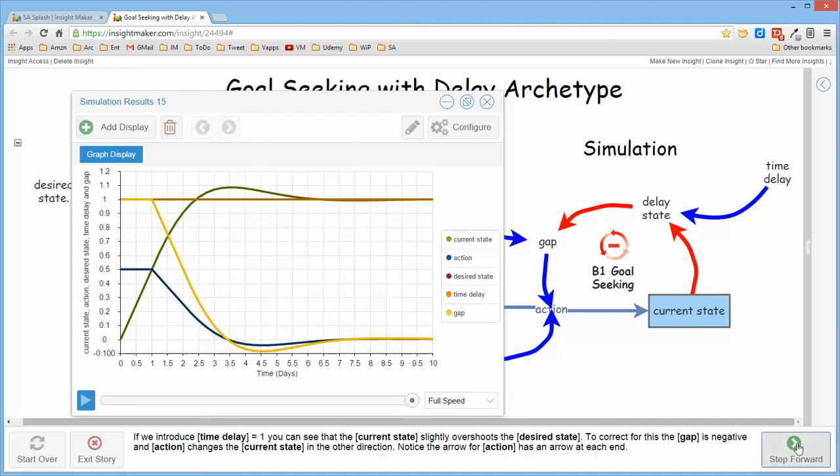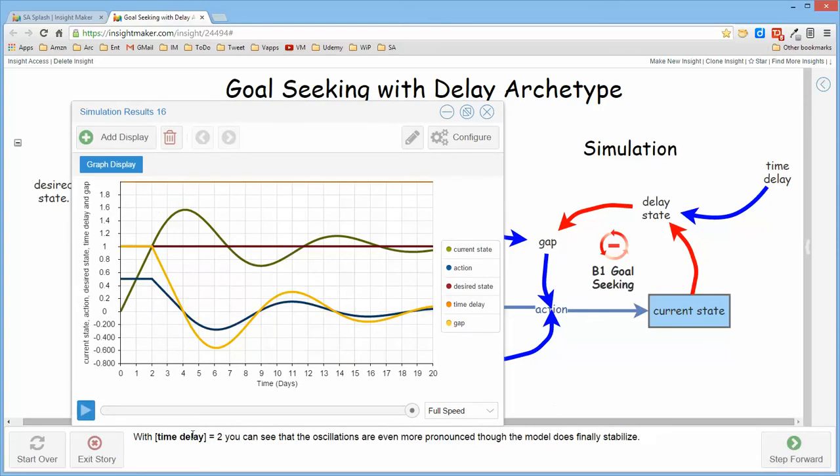If we increase the time delay to 2, notice that the overshoot is even more pronounced, and more effort is applied to come back to the desired state, but even that is overshot in the opposite direction, and you end up with what's called damped oscillations, and it finally reaches the desired state after some period of time.